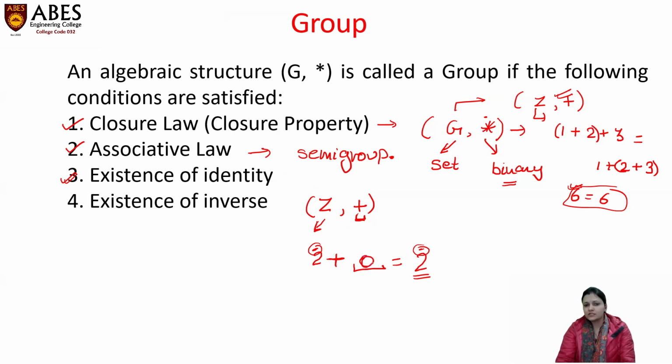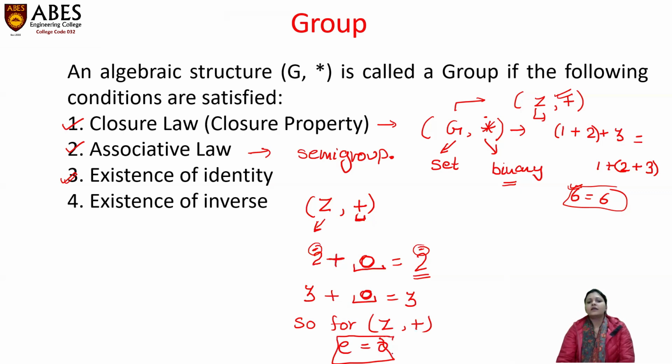It is obviously 0. If we consider any other integer, for example, what should I add to 3 so that I can get output 3? Here it is also 0. So for the set of integers with addition, I am getting the identity element as 0.